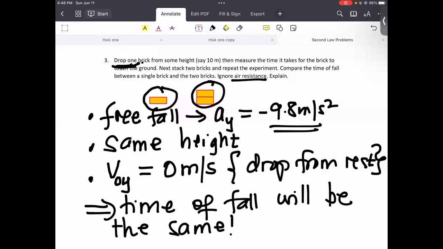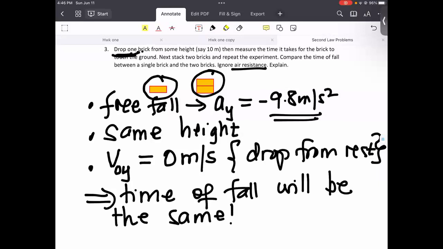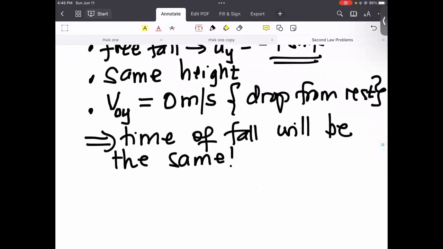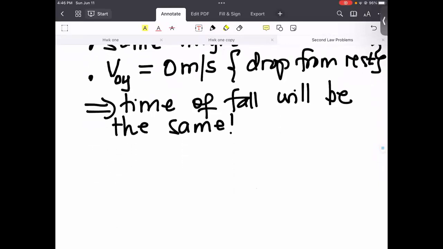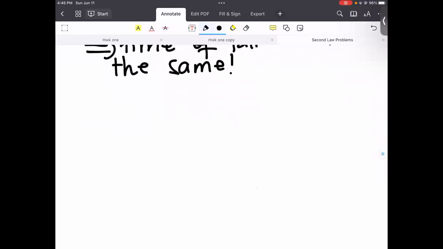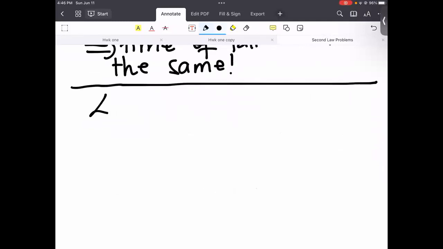Let's try to explain this. Maybe we can think about this in terms of mathematics. Remember that one of the equations that we came up with is this one.